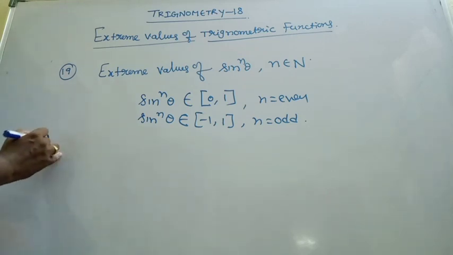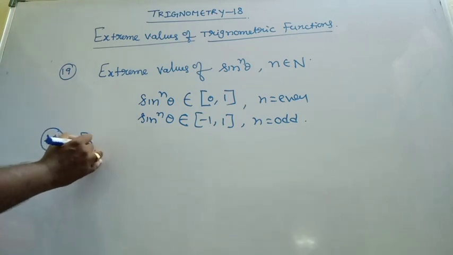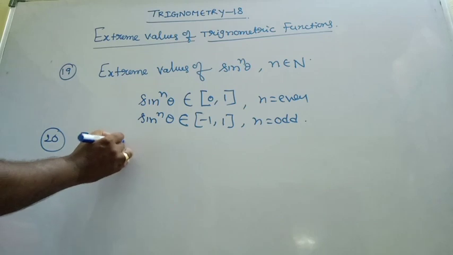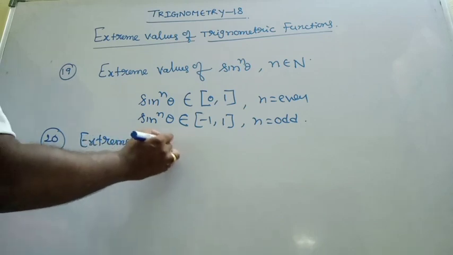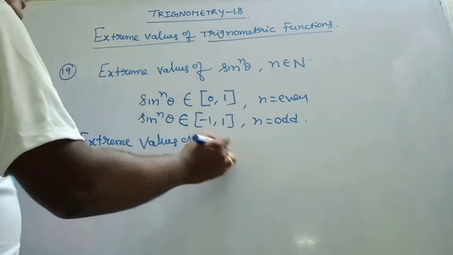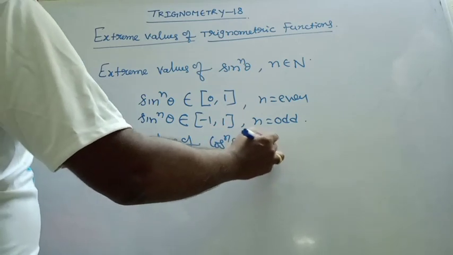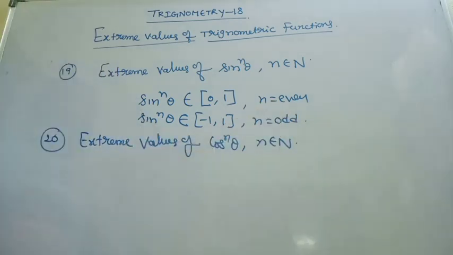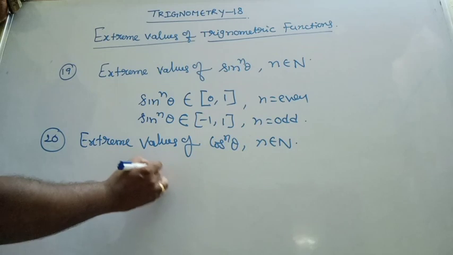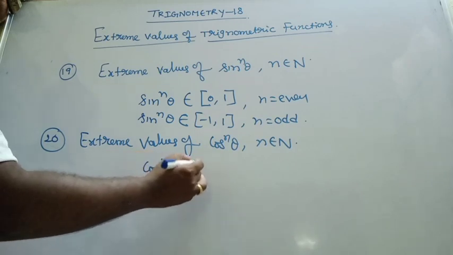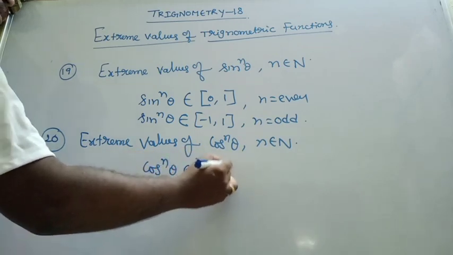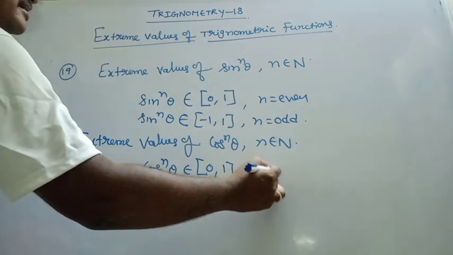In the same way, we are going to find the extreme values of cos power n theta, where n belongs to the natural numbers. Cos power n theta belongs to 0 to 1 when n is even.